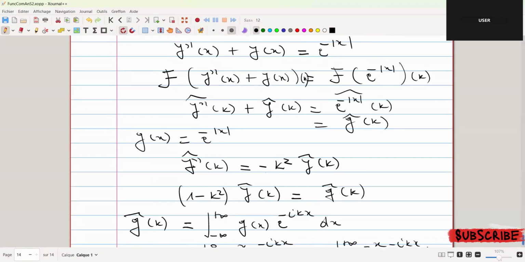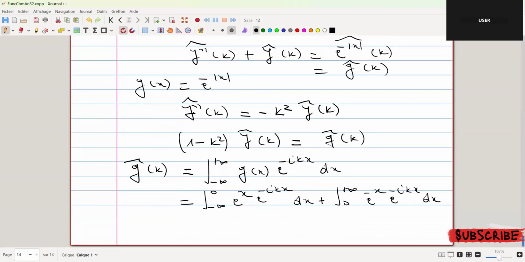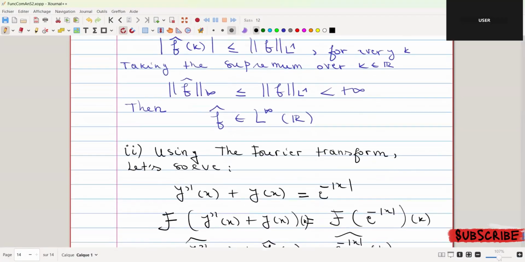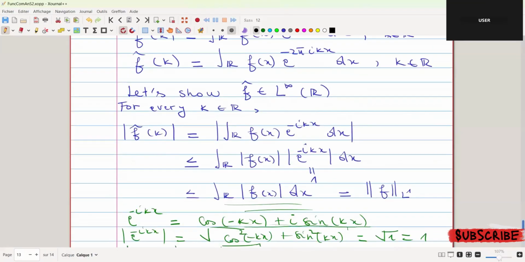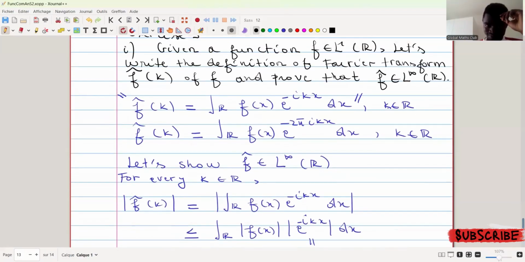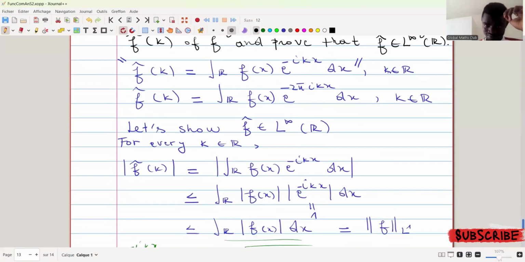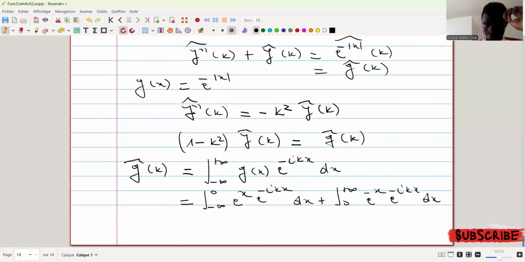But when you were writing the Fourier transform for G, the last one, you didn't bring the 1 over root 2 pi. I understand what you mean, but that is the case when you want to normalize everything. Okay, nice.